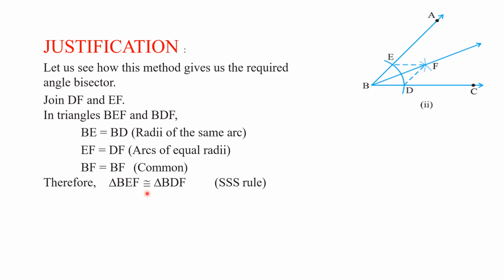This gives angle EBF equal to angle DBF by CPCT. These two angles are equal, which means ray BF bisects angle ABC.